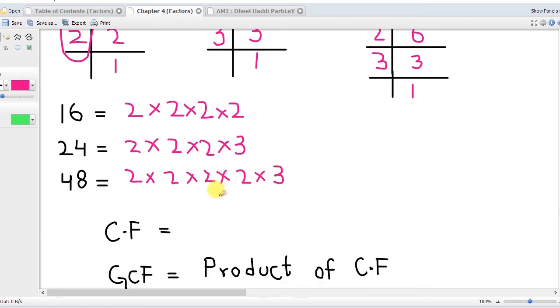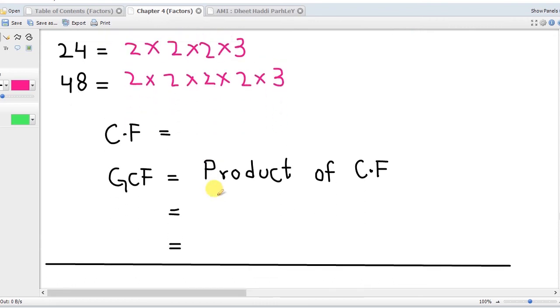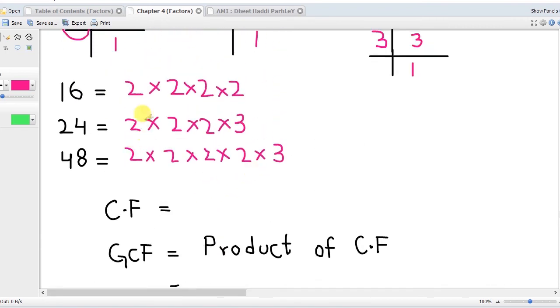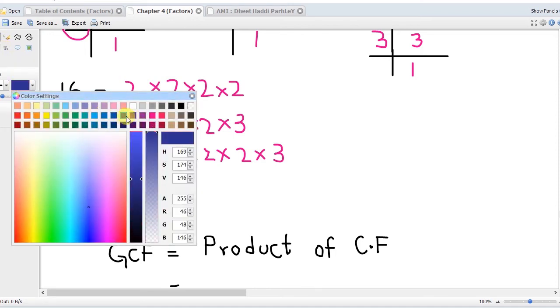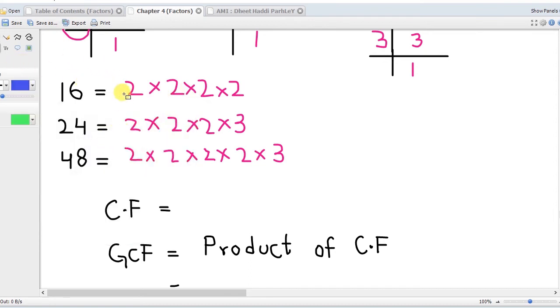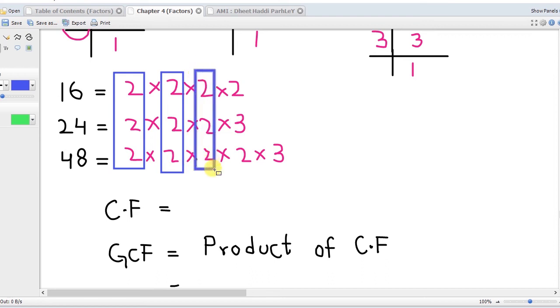Right, now what we have to do is simply find the common factors among all these three numbers: 2, then this one, then this one, but this 2 here is not present in all these three numbers, so we are not including this 2.